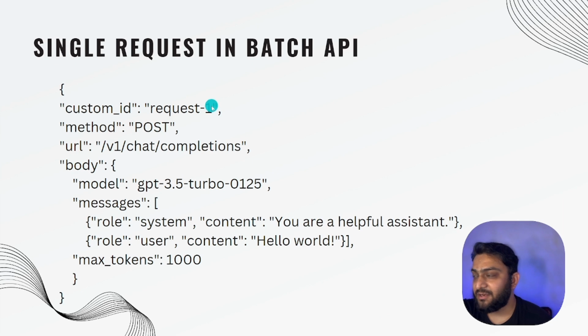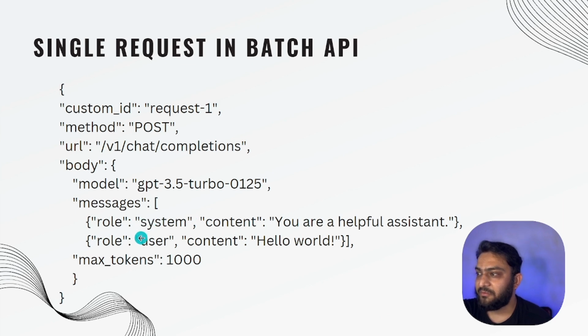For your second record it would be request 2, third record request 3, and likewise. The method would remain POST. The URL is for the completion model, so if you're using their chat models, the URL would be this. In the body, you would specify the type of model you want, and here in the messages, this is our regular area in which we have our messages, the whole content.